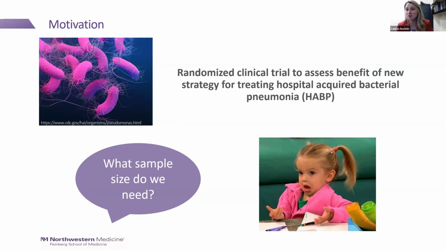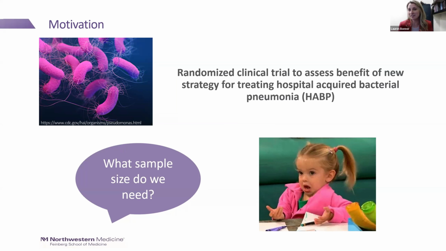And we, at the time, just didn't have great preliminary data or anything from the literature to really inform those assumptions. So we were kind of struggling to come up with the right information to use that simulation framework.